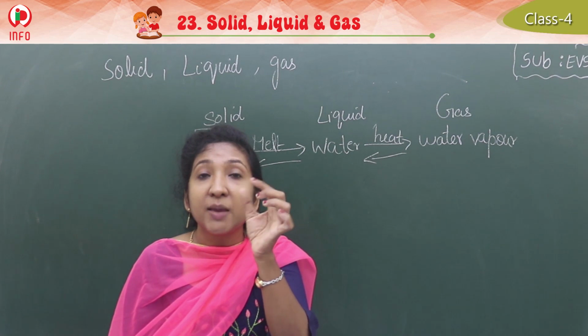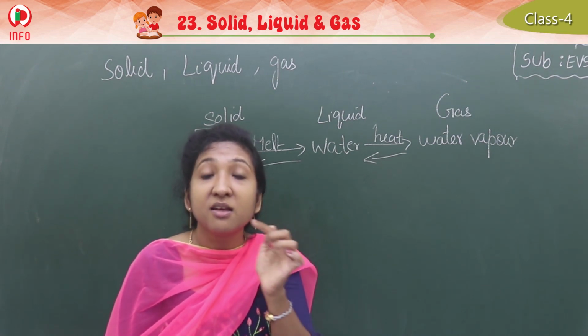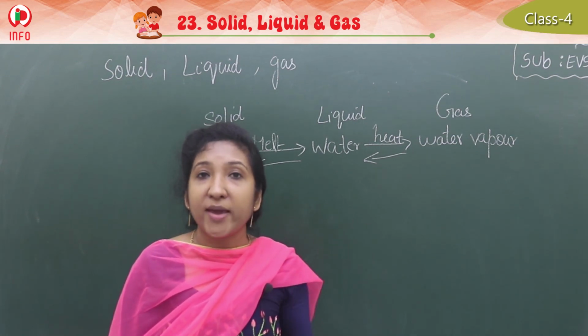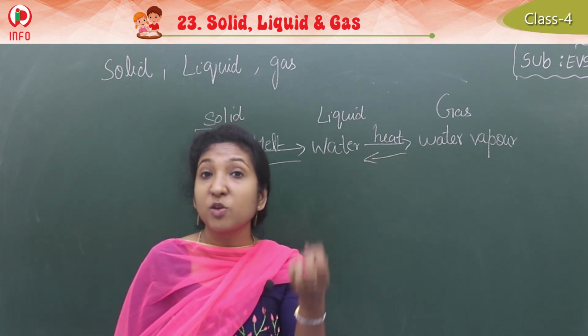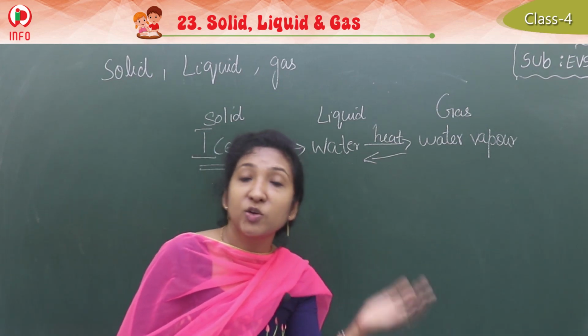If we keep mothballs, white round balls, inside the almirah, it keeps the moths away. If we burn them, you can see some gas coming out. So mothball burning is an example of sublimation, solid to gas.